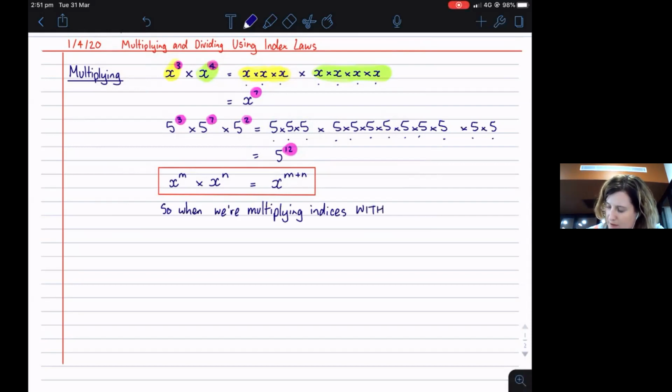With the same base, we add the indices. So the indices are the powers, the little numbers.